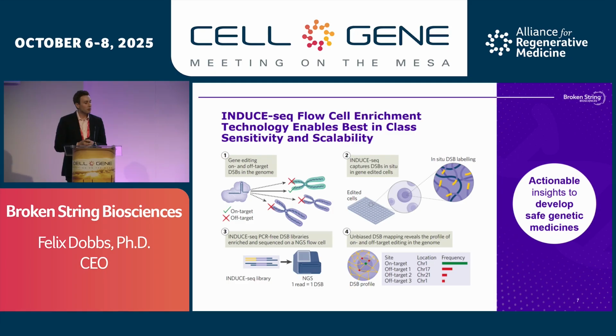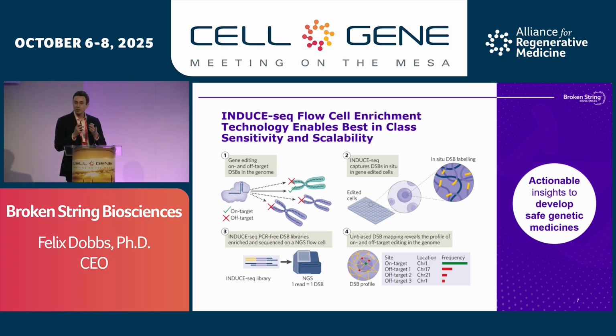So INDUCE-seq's best-in-class sensitivity and scalability is really enabled by our novel flow cell enrichment methodology for capturing and labeling these breakends. So the process works by starting with a gene editing experiment where we're inducing our DNA breaks via, say, a CRISPR system in cells.